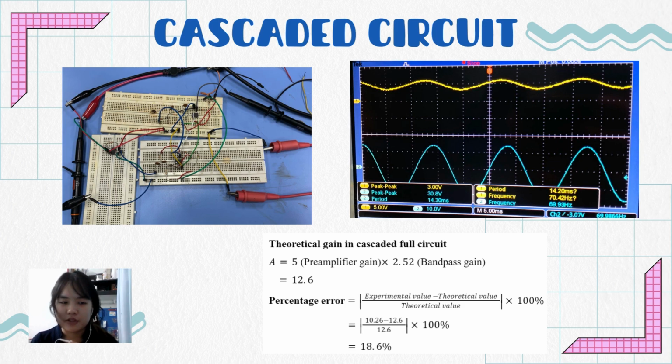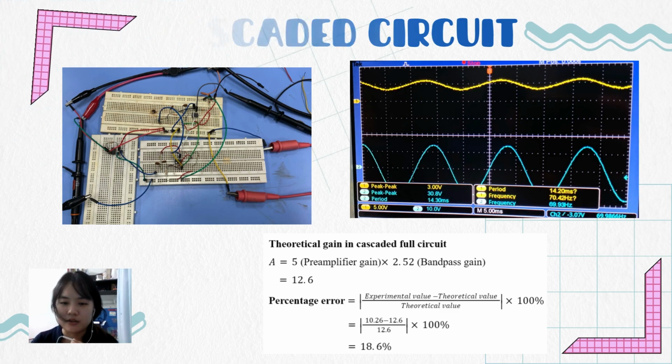The top left picture shows the overall circuit configuration, and the top right picture shows the output at 70 Hz. So the theoretical gain of the cascaded circuit is 12.6, where what we found actually in our circuit is 10.26. So there is 18.6% error comparing the actual and expected result.